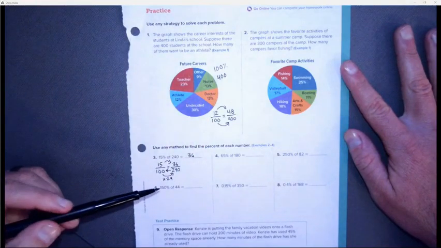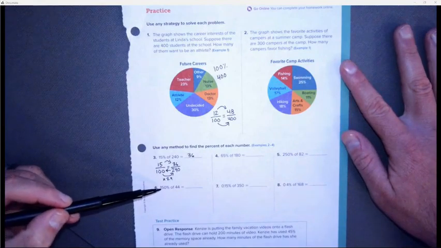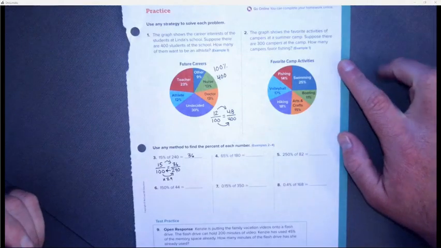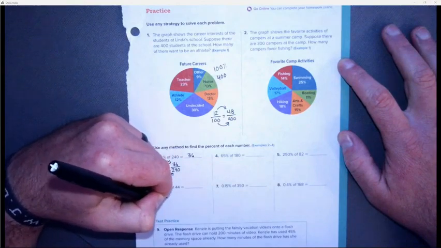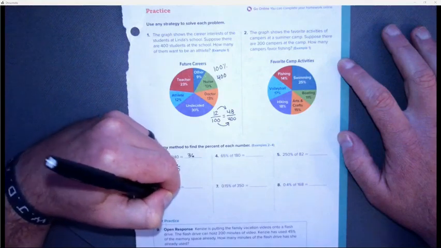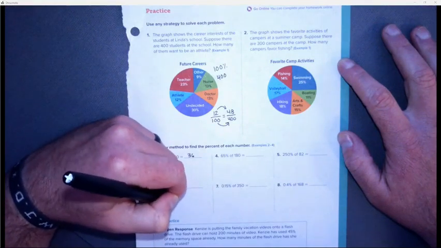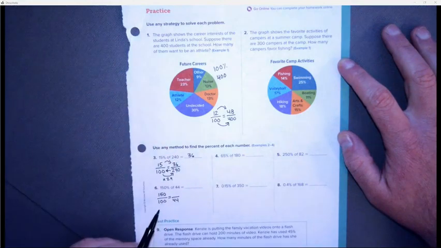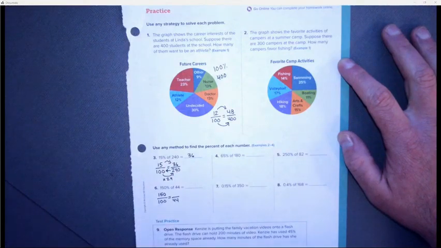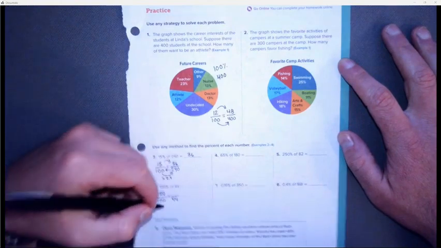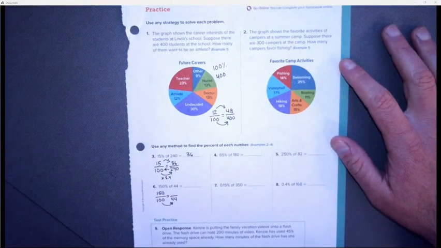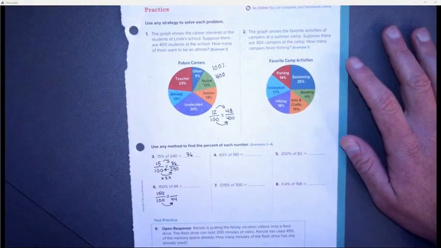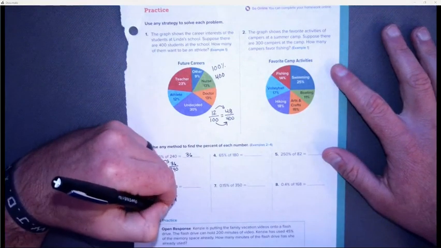Let's look at number 6. Number 6 says 150% of 44. Well, 150% is 150 per 100 of 44. So 44 is our whole. So 100% is the same as 44. Now we need to figure out what 150% is. So for me to go from 100 to 44, I can multiply by 0.44.